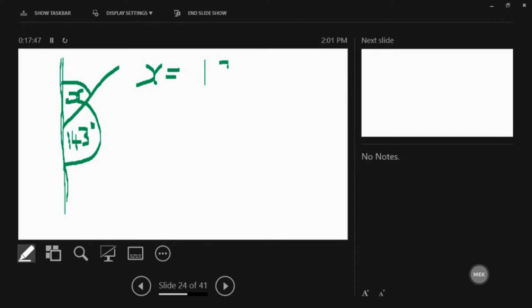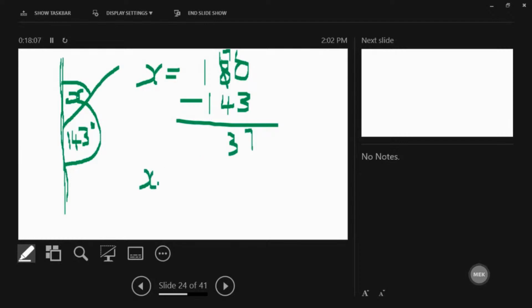So let's see, it's the 180 minus the 143, and that would give, so we'd have 7. Okay, so that's correct, Trevor. That will give us 37 degrees. All right, so let's move on.